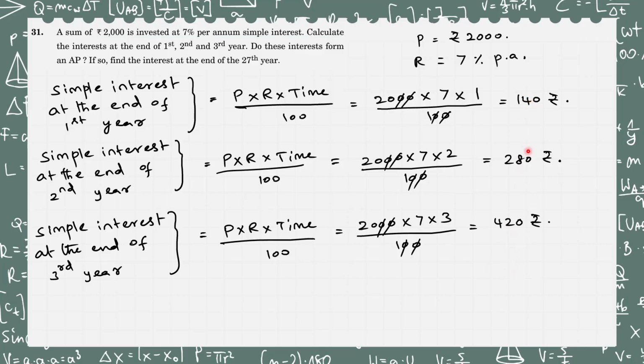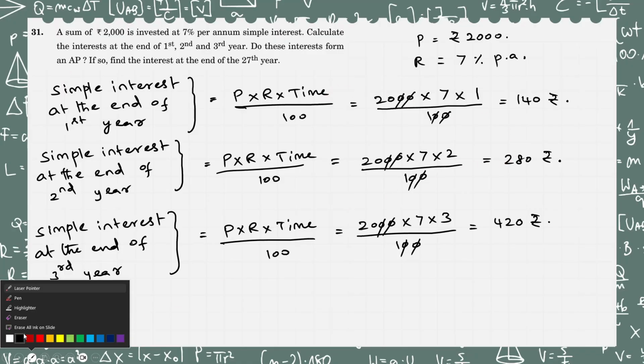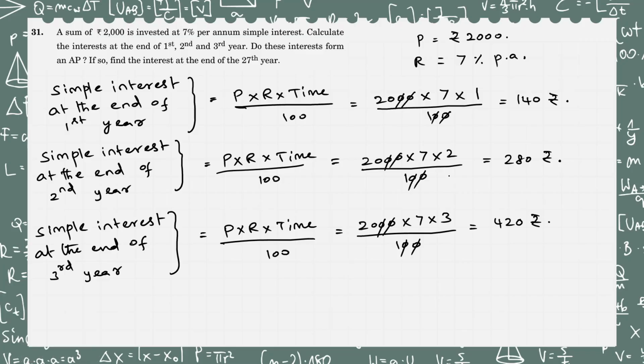Are they having the same common difference every time? See, 140 plus 140 is 280. 280 plus 140 is 420. So, they are having the same difference between each other. So, are we able to say it is forming an AP? Of course. Yeah, it is forming an AP. So, provided it is an AP, what can be the interest at the end of 27th year?